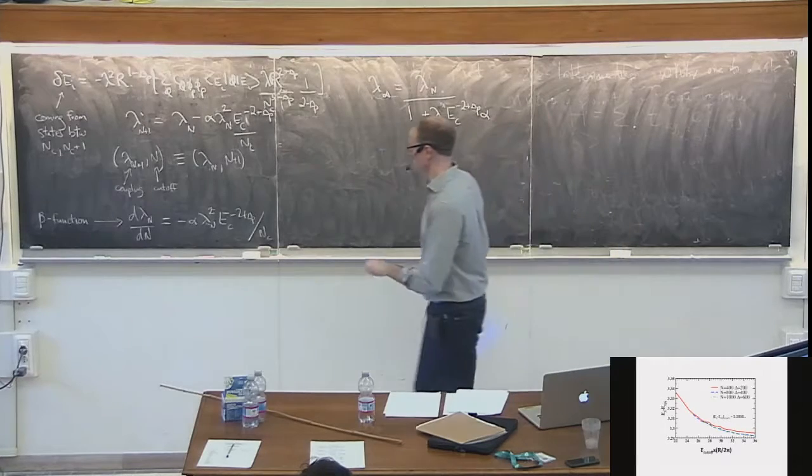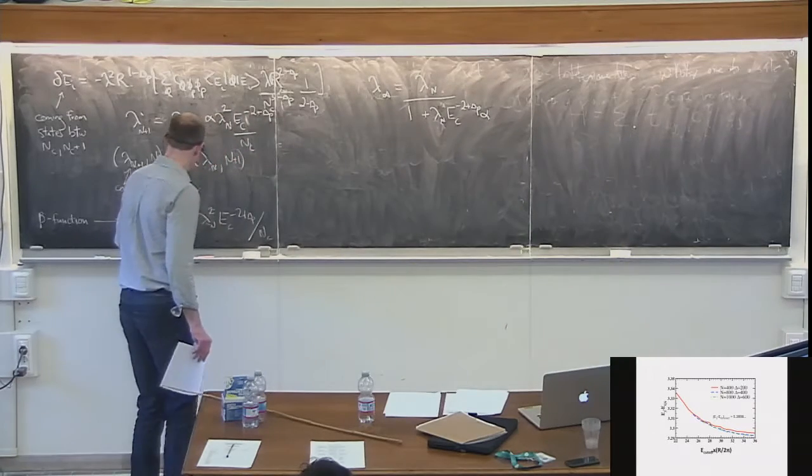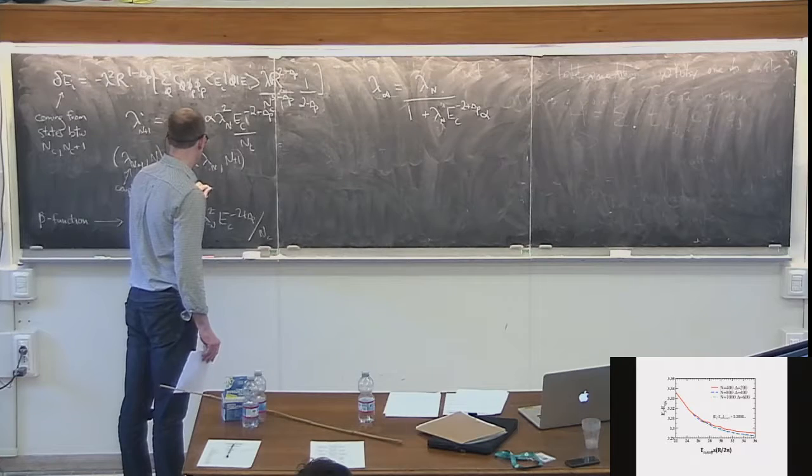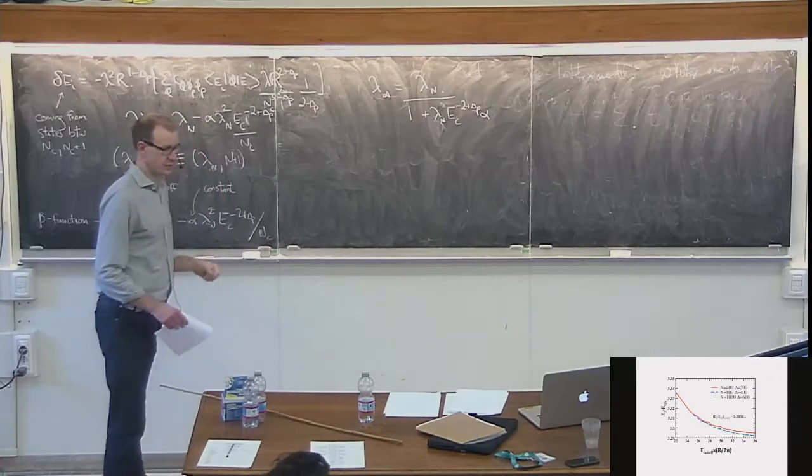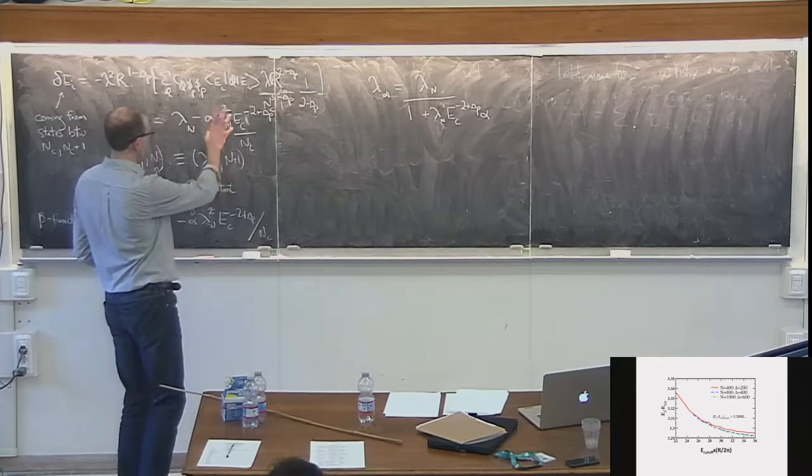Where I should be clear, this alpha is just some number. It's a constant that depends on the scaling dimensions of the fields.